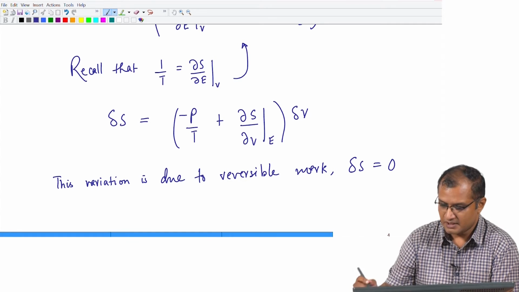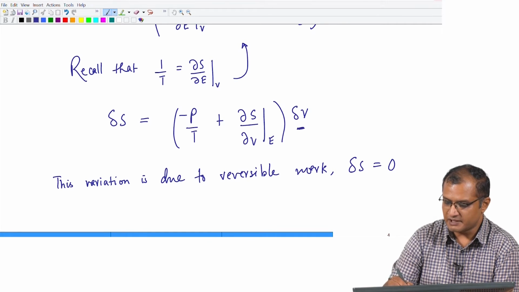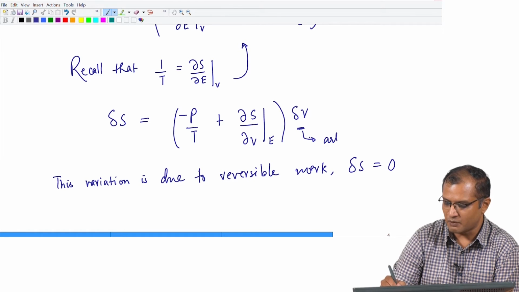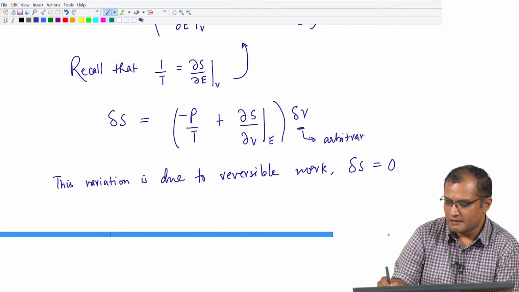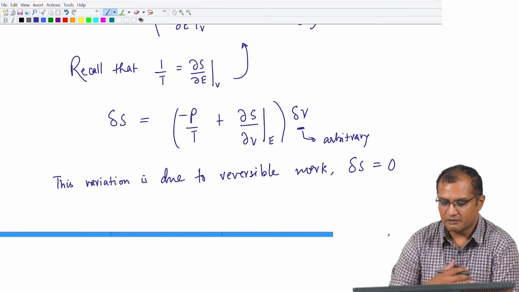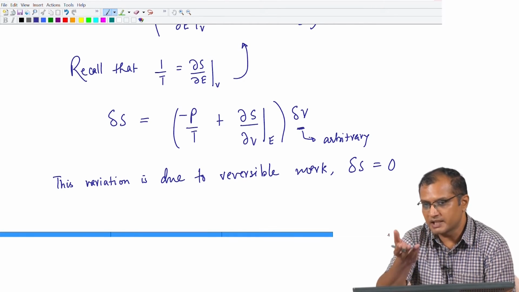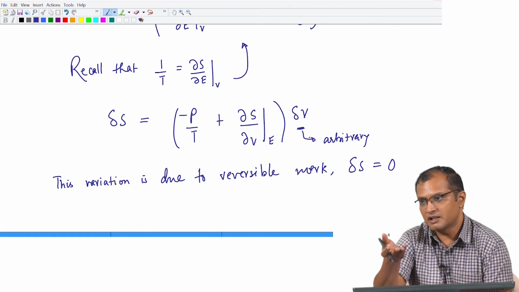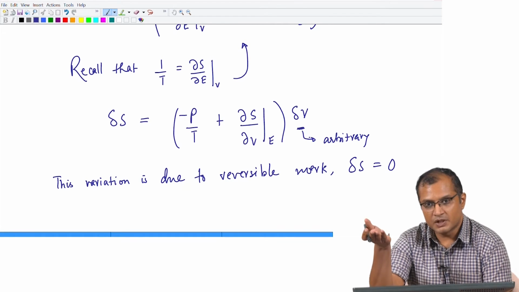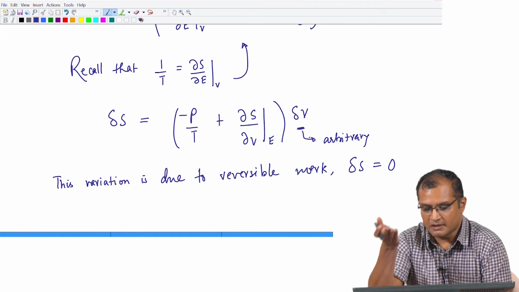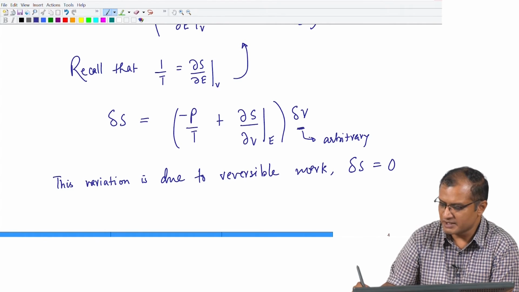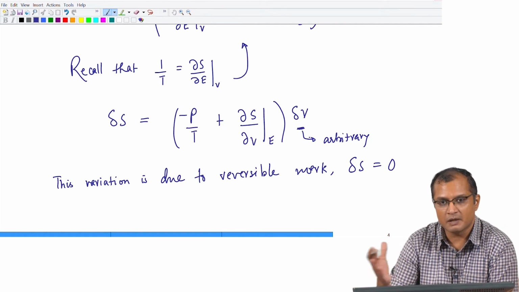That means for any arbitrary delta V that I take, okay, this variation in volume is arbitrary. I could have taken the change in volume as per my liking, but any arbitrary volume displacement that I take such that the work done is reversible should lead to 0 entropy change, and that is only possible if the prefactor here is 0, because delta V is not 0, it is arbitrary.